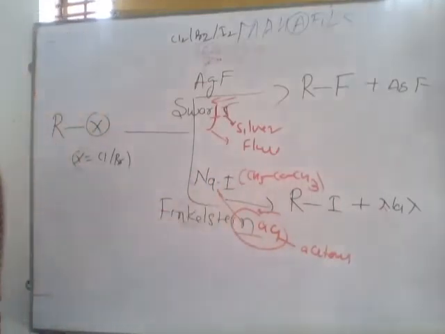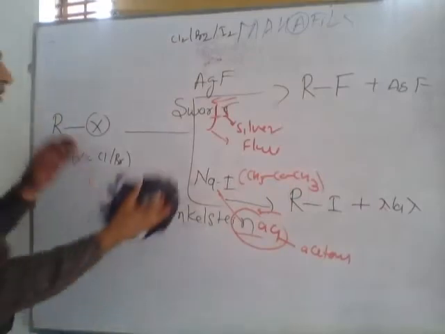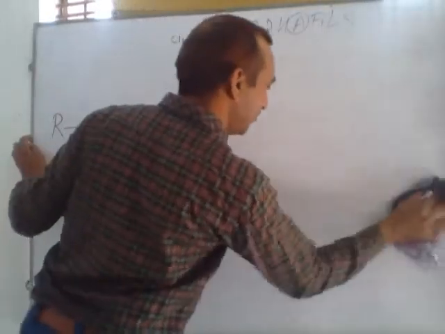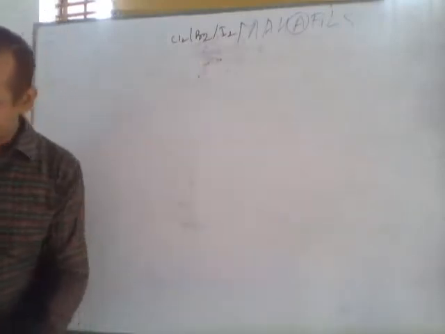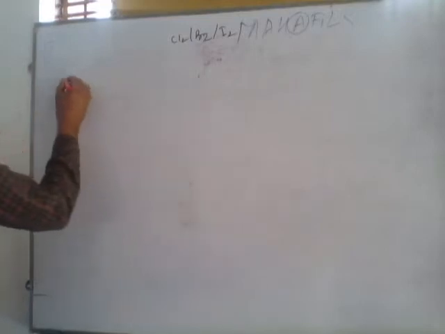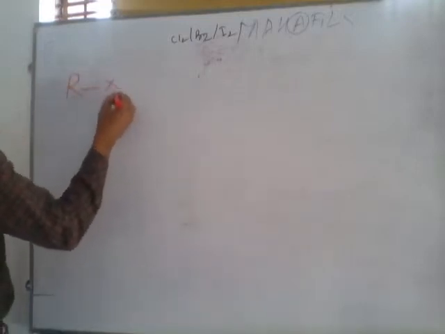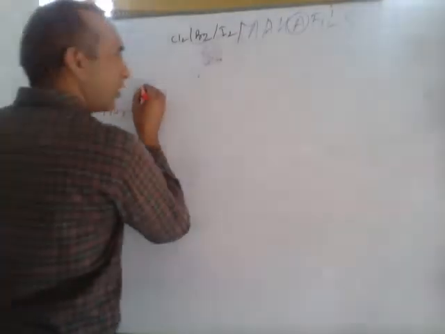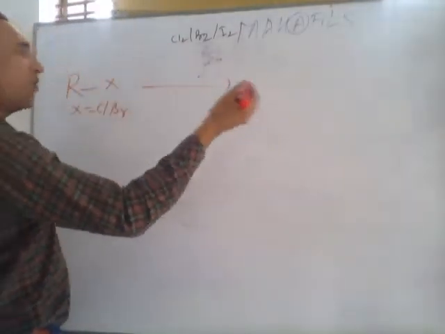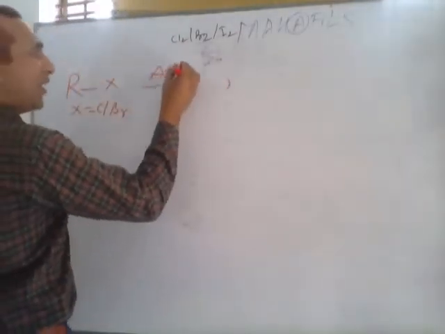In detail, I am writing it here again. Suppose RX, where X may be chloride or bromide. We want to replace it with fluorine, so we use AgF.